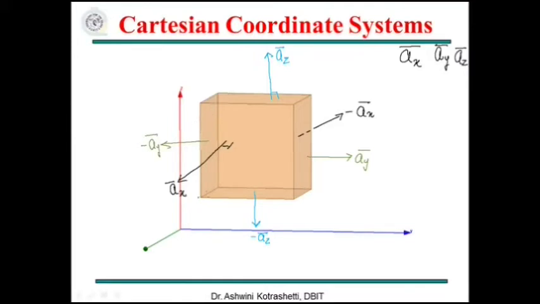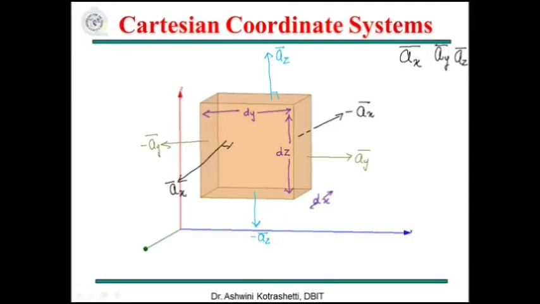If the length is along the x-axis in the direction of x, then it is given by dx. If the length is defined along y, then this is given by dy. Likewise, you can define dz as the height of the box.